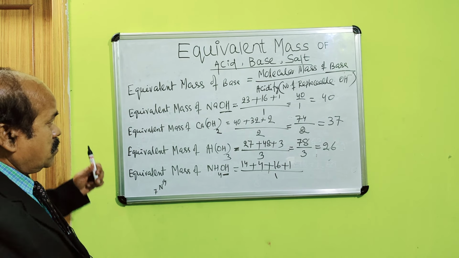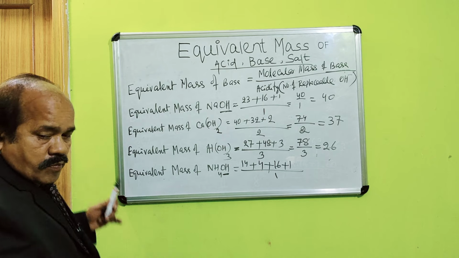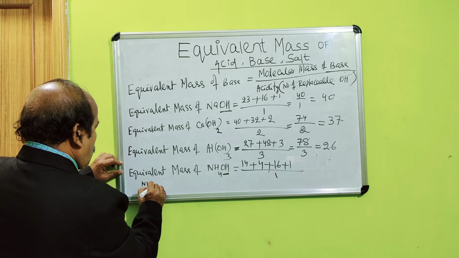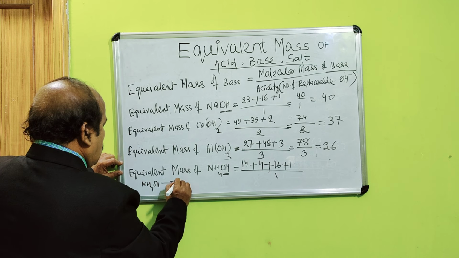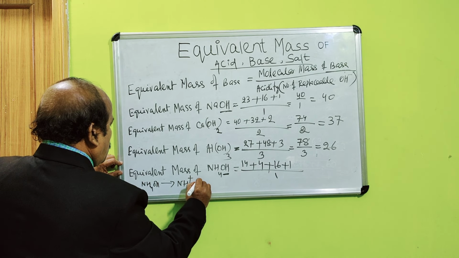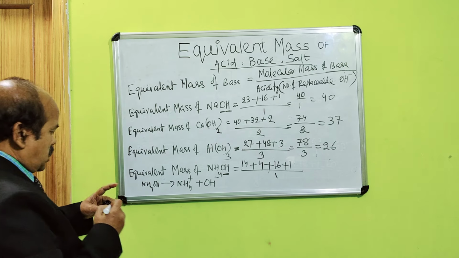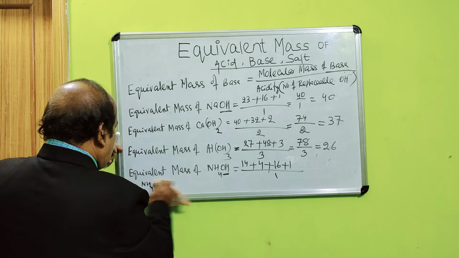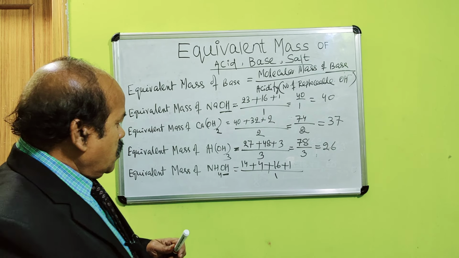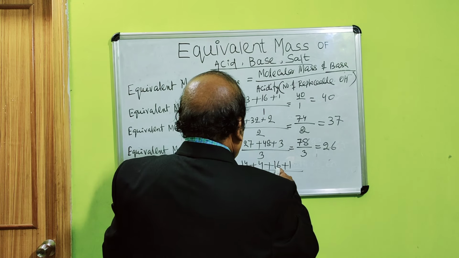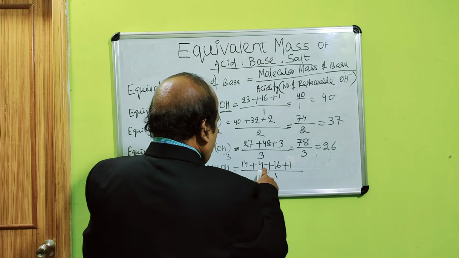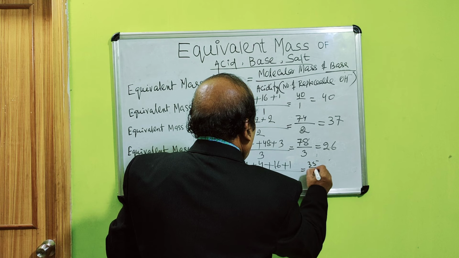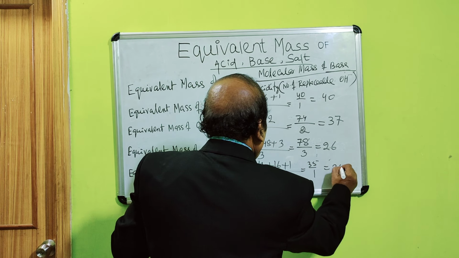Above all, from its dissociation or ionization, ammonium hydroxide will give rise to NH4 plus and OH minus. This means 1 OH is there, hence I shall divide it by 1, so it is 16, 4, 20, 34, 35 by 1, that is equal to 35.